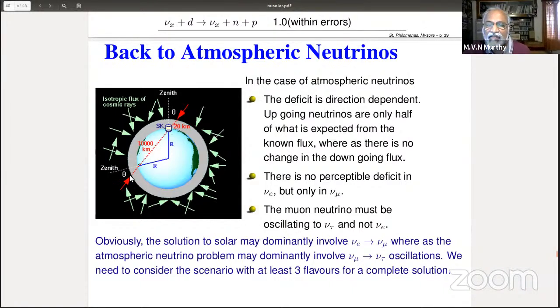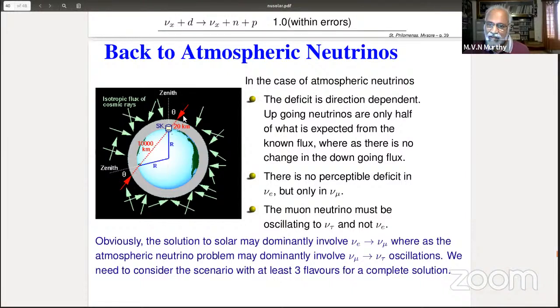Now, with oscillations, we see that it is not the same. Downgoing neutrinos oscillate differently from upgoing neutrinos because they travel different distances. And the second thing, those coming from below travel 10,000 to 12,600 kilometers, going through Earth matter.